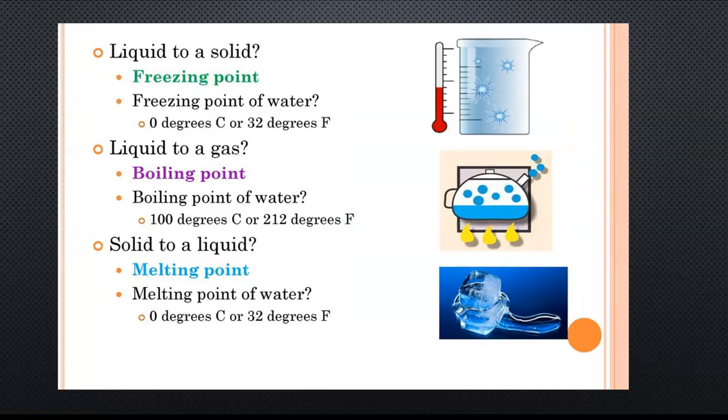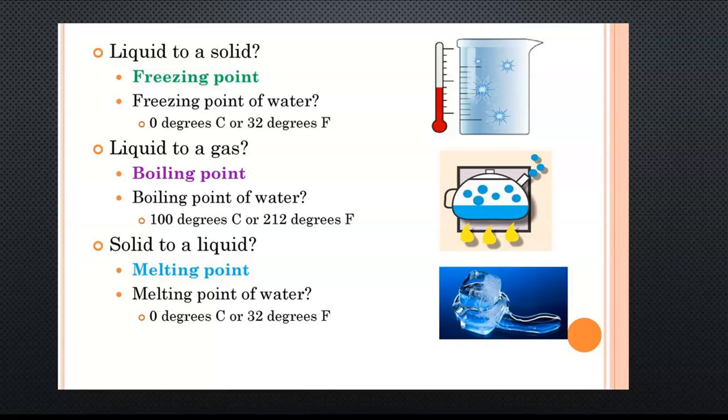We seem to spend a lot of time coming back to the different phases of matter and the vocabulary attached to them. So we know liquid going to a solid has a freezing point. And in the case of, say, water, we know that it freezes at 0 degrees Celsius. Water also has a boiling point.